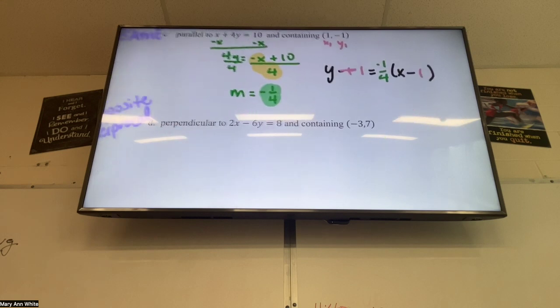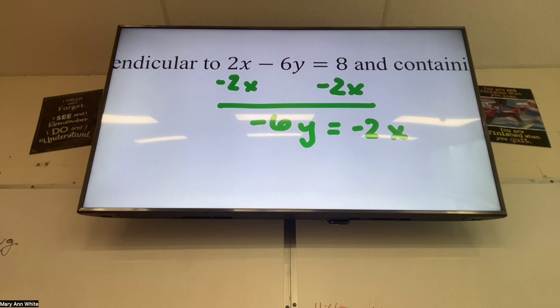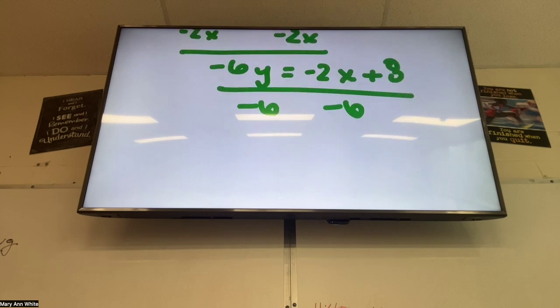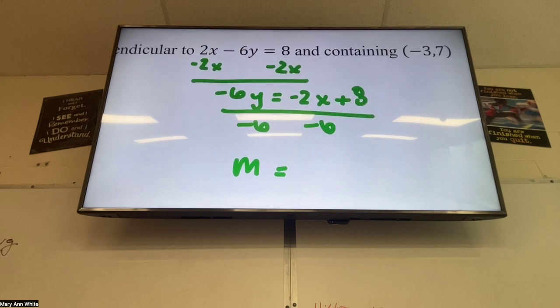Same idea for the next one, but this is perpendicular. So again, find your slope, then do your opposite reciprocal, and then we'll plug and chug. Once we simplified it down, we were able to get that this slope right here is 1/3. And then what would my opposite reciprocal of 1/3 be?